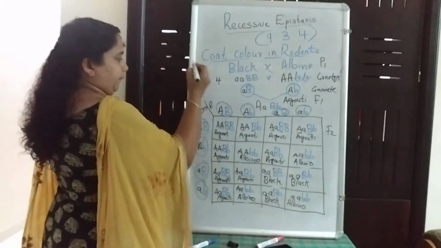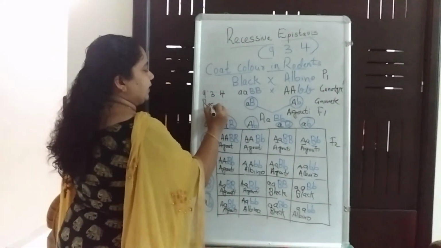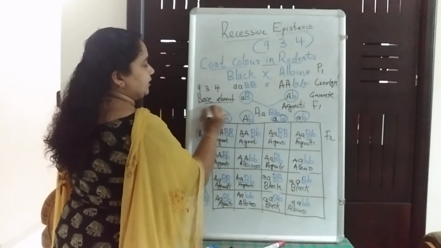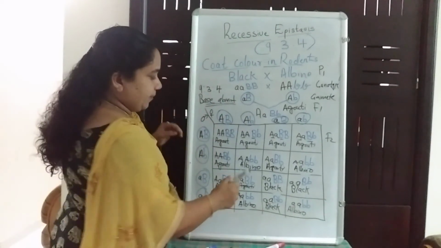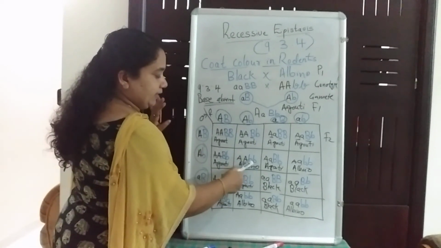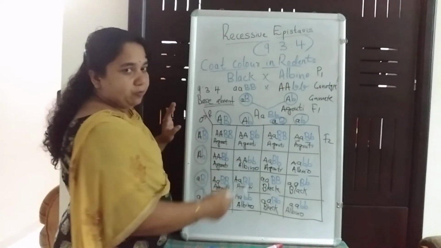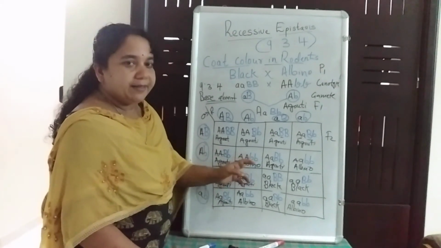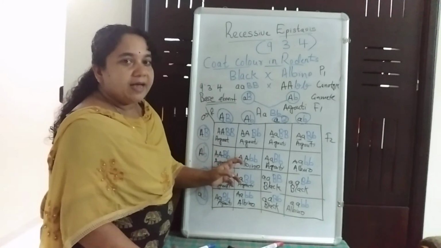So if the base gene is absent or in recessive condition, here the base gene we can say is small b. Then the modifier gene is A gene. Then the modifier gene has another role.